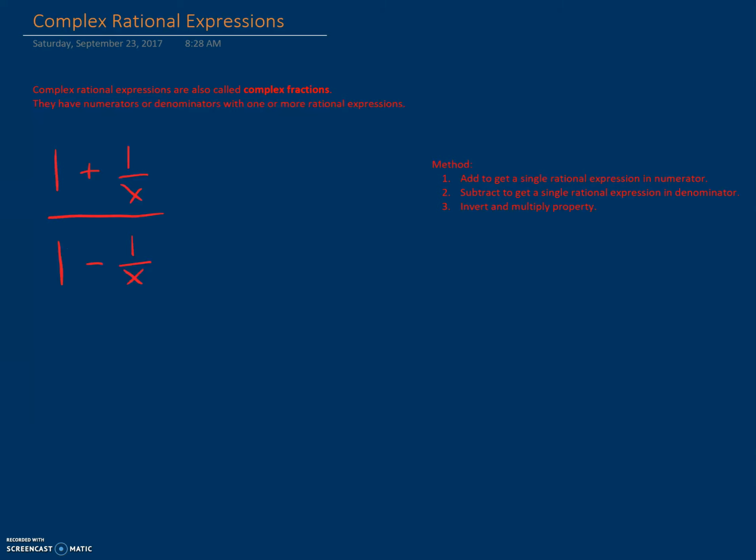So I'm going to show you how we can simplify this, because you're going to be asked to simplify these types of problems. If we just take the numerator to begin with, 1 over 1 plus x, one thing we can do is turn this into a single rational expression rather than 1 plus 1 over x.